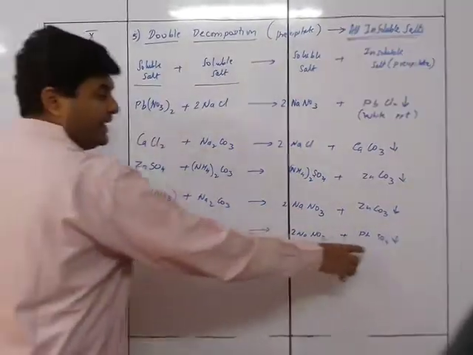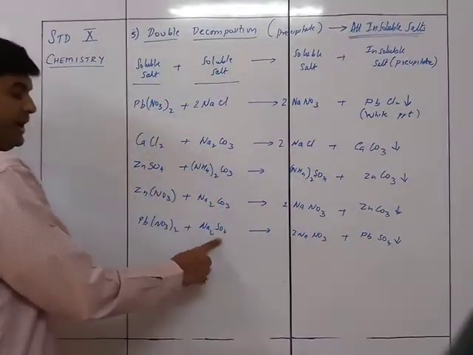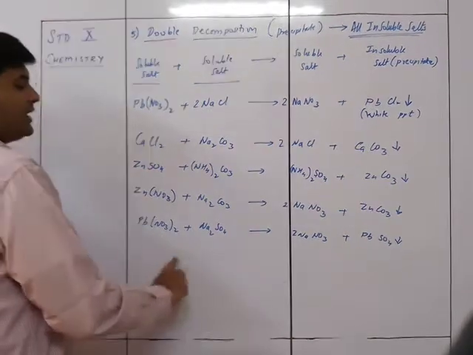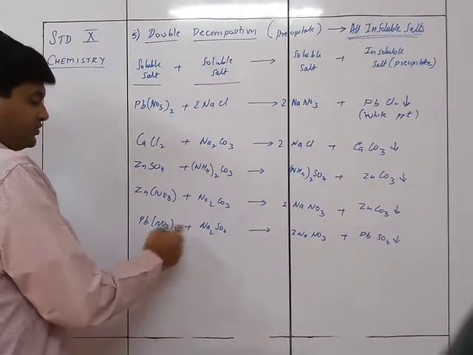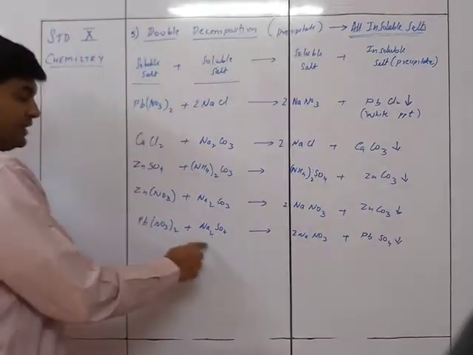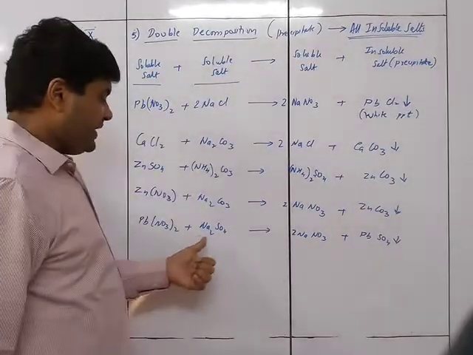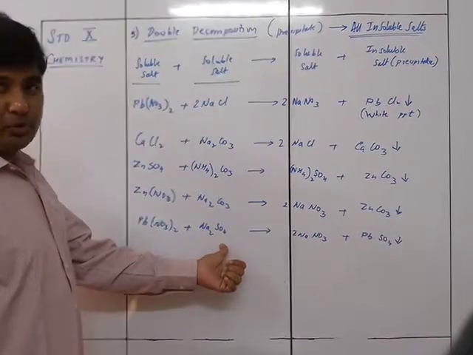I know that I need an SO4 here, so I'll use an SO4. And then I want that NO3 should travel here. So that's why I need to take a stronger thing which could displace it. So that's why Na2SO4 is to be used.